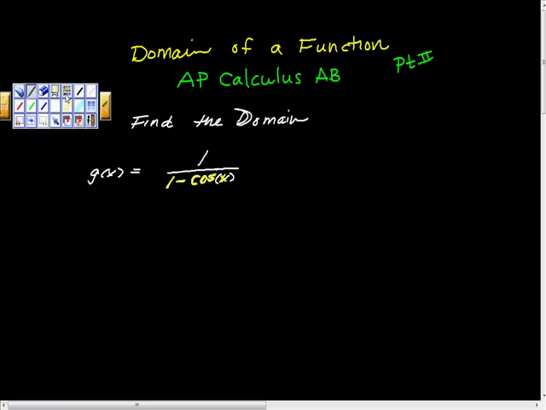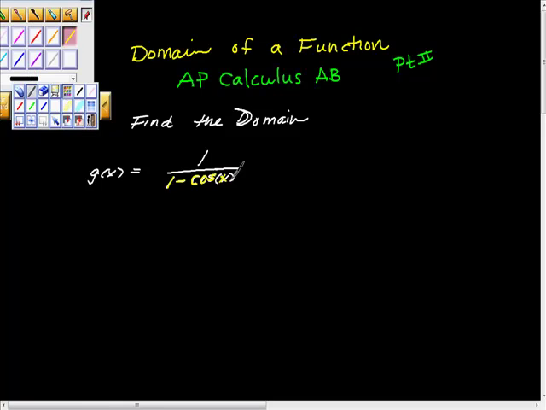So this piece down here, 1 minus cosine of x, cannot go to 0, and we have to find out if and when it does equal 0. With some quick algebra, if cosine of x is equal to 1, then 1 minus 1 would equal 0, and that would be a domain issue here. So that has to be excluded from our domain set.